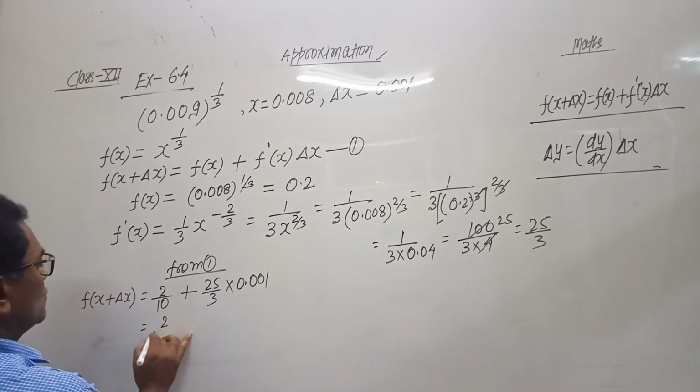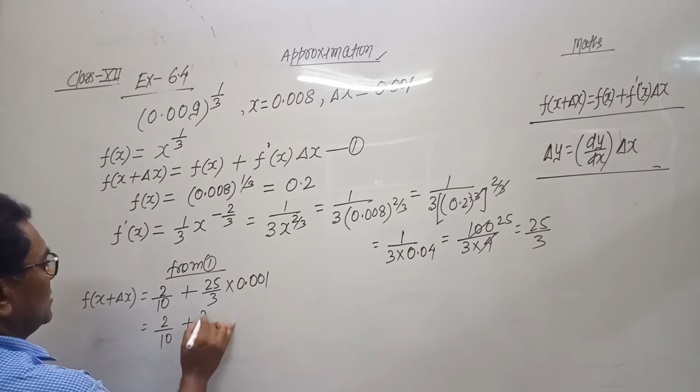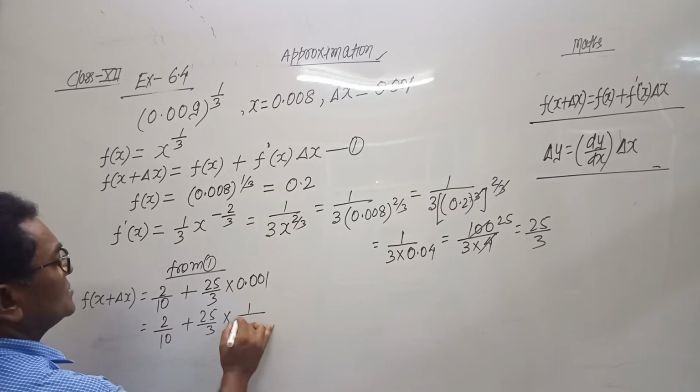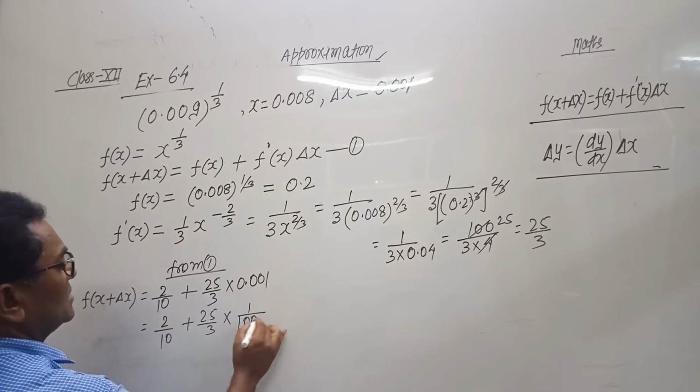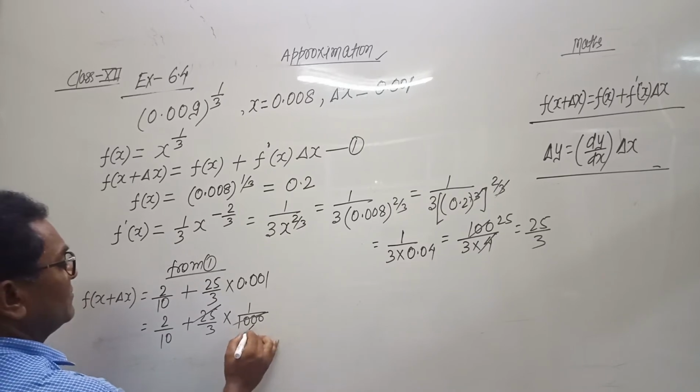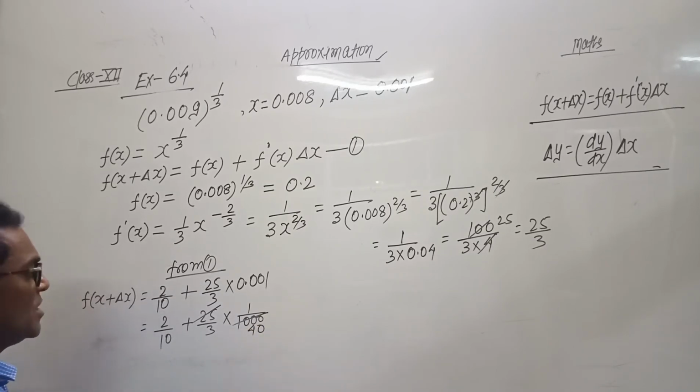So we write 2 by 10 plus 25 by 3 into, this can be written as, 1 upon 1000, and we get 25 into 4 is 100, means 40.